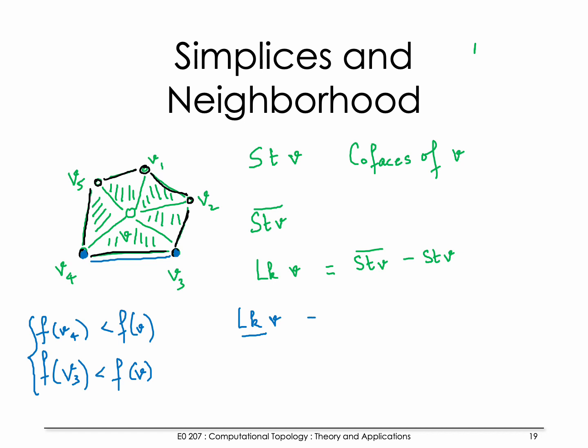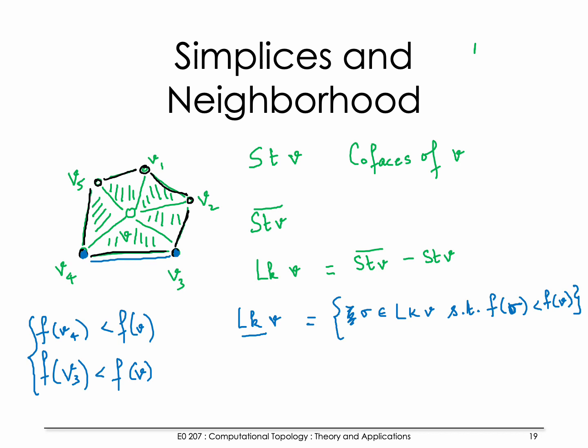So the lower link is essentially the set of all simplices in the link of V such that, let me use the abuse of notation, f at sigma is less than f at V. What I mean by f of sigma is that the function value at all the vertices that define this simplex sigma are less than f at V. This also means that the function at any interior point of sigma is also less than f at V, because we use linear interpolation.